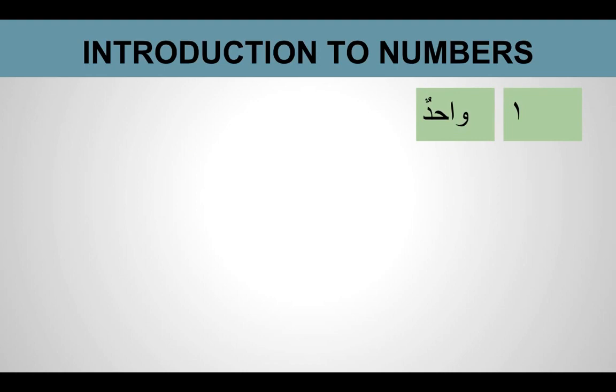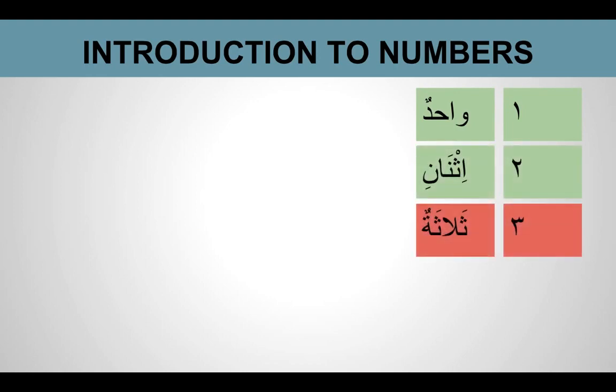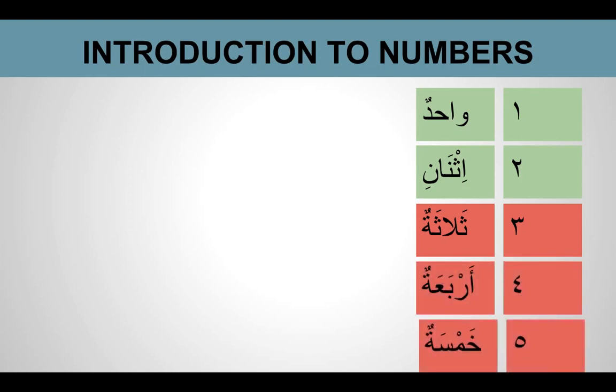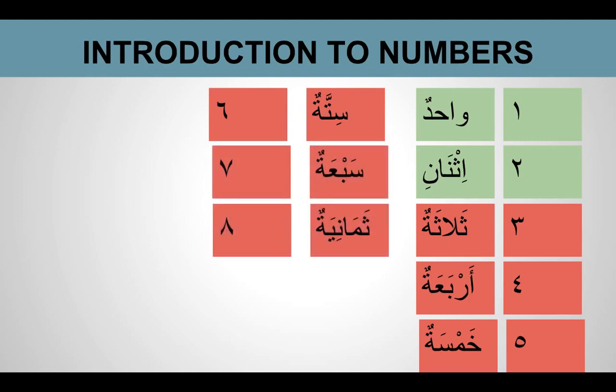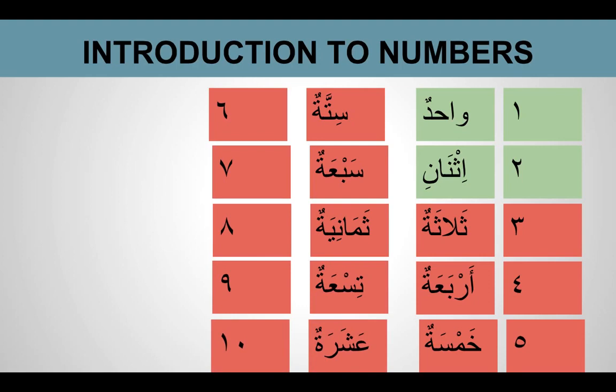So واحد اثنان ثلاثة أربعة خمسة ستة سبعة ثمانية تسعة عشرة. So this is 1 to 10. So in this book, Dr. Abdul Rahim introduces us to numbers 1 to 10.